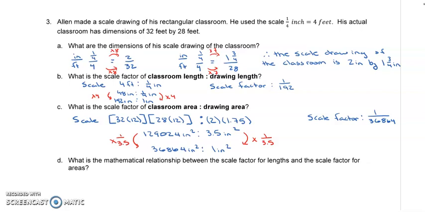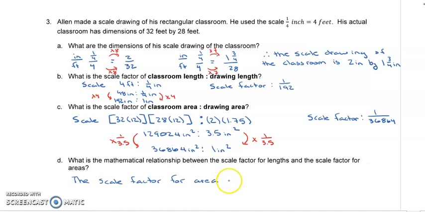All right, looking at part D, what is the mathematical relationship between scale factor for length and scale factor for area? And we're seeing that these are actually squares of each other. The scale factor for area is the square of the scale factor for lengths.